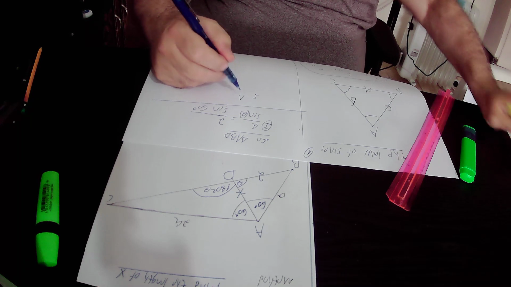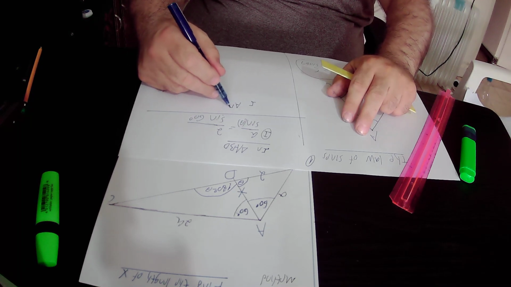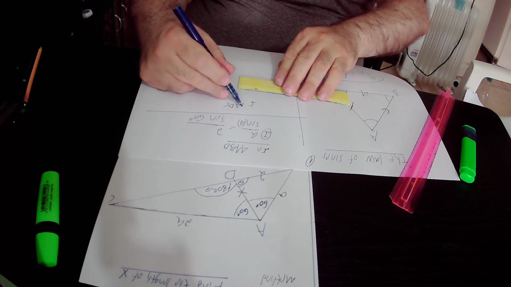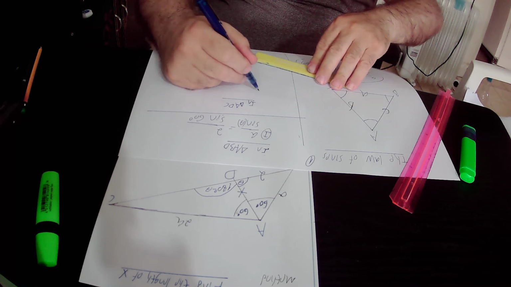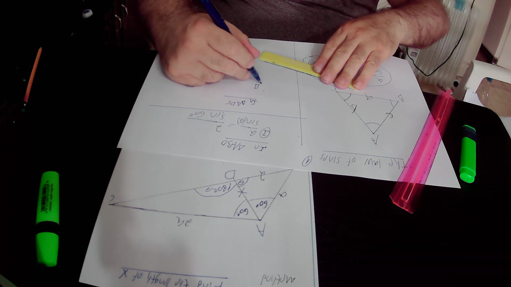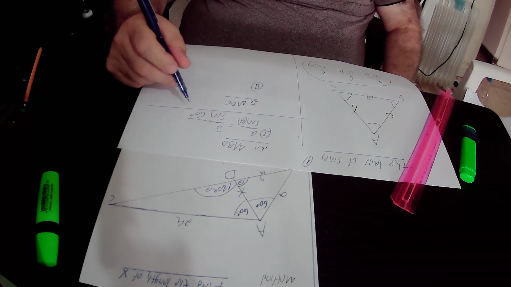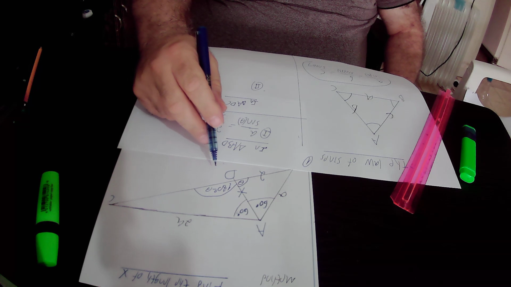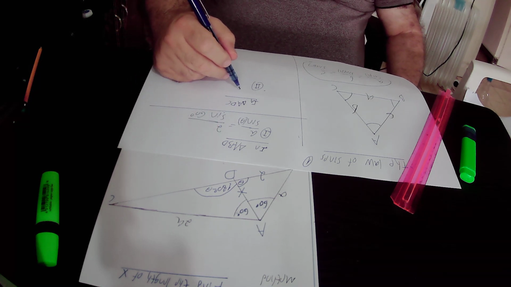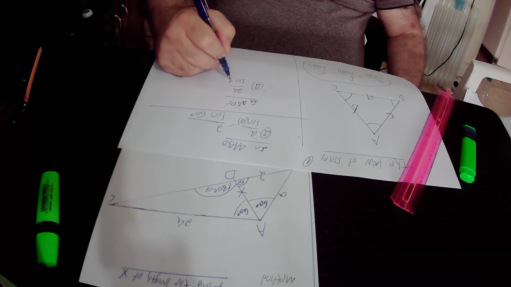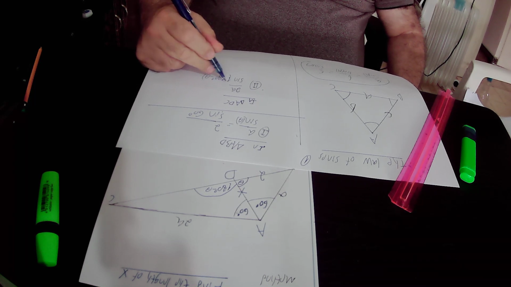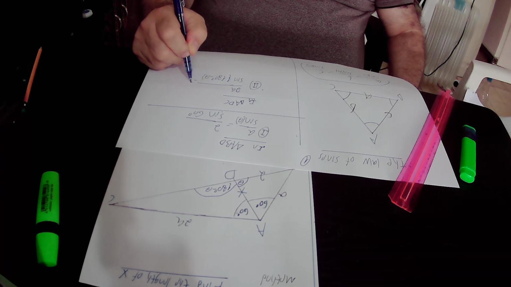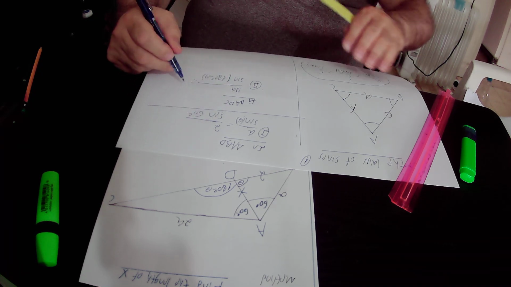In triangle ADC, 2A over sine of 180 degrees minus theta equals DC over sine 60 degrees.